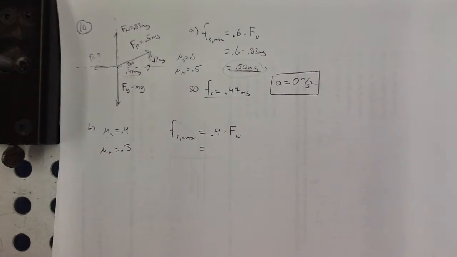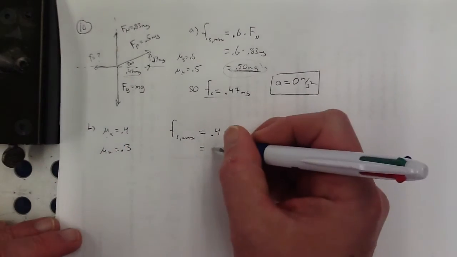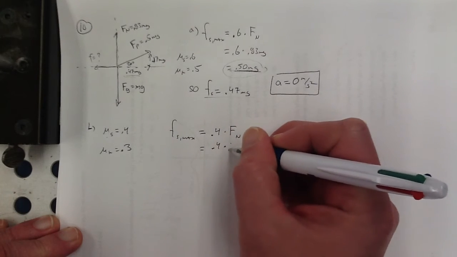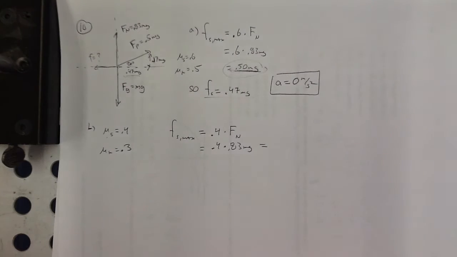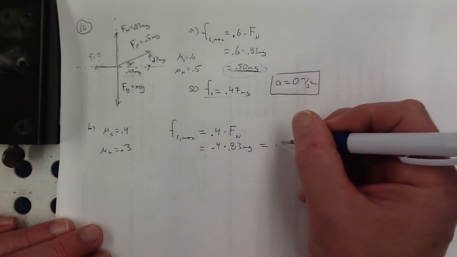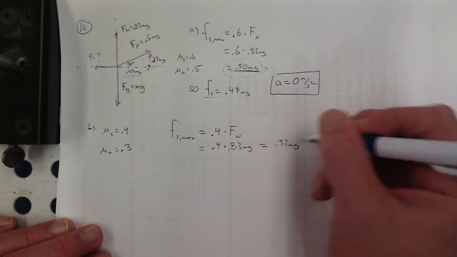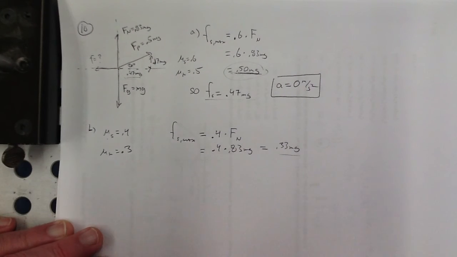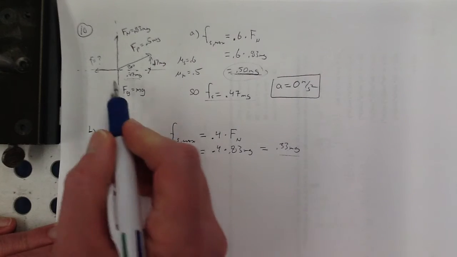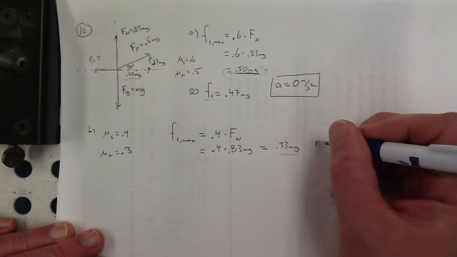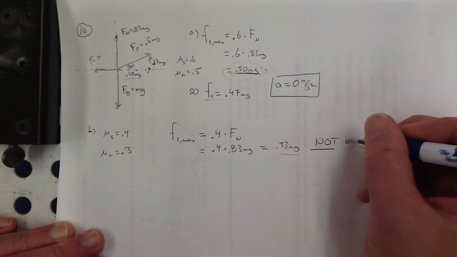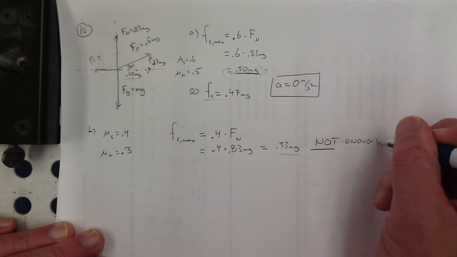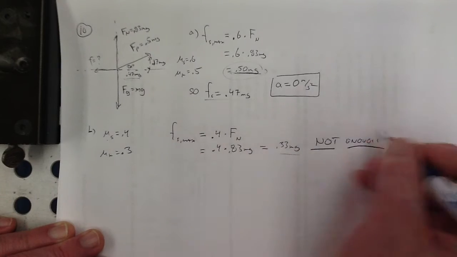So 0.4 times that 0.83 is going to be 0.33 mg. That is the maximum amount of static friction that there could be. Is that enough to balance this? No. We could say not enough. So that means that's not happening.